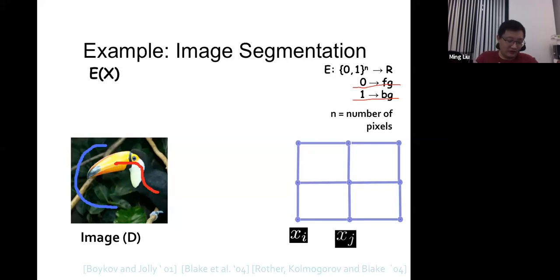We look into the detail of this image, where many pixels are. We extend each pixel here, and this is the neighborhood of pixel arrays. And then you want to assign a label to each of the pixels.